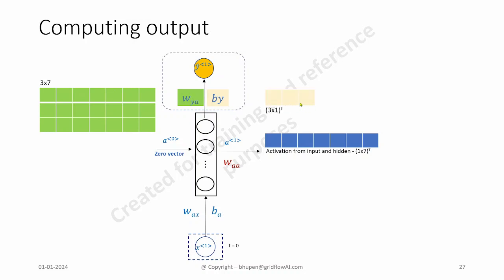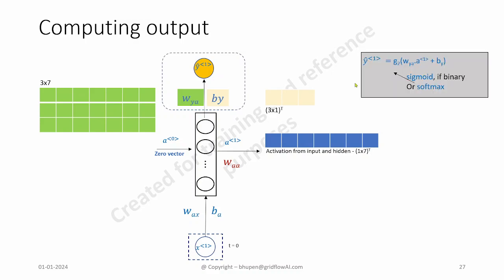And again, the bias is for the output. Let's say the output dimension is 3, so this is going to be of 3 cross 1 shape. And this will take part in the linear transformation: the weights times the activation plus the bias, and then we apply a suitable activation, let's say sigmoid or softmax.